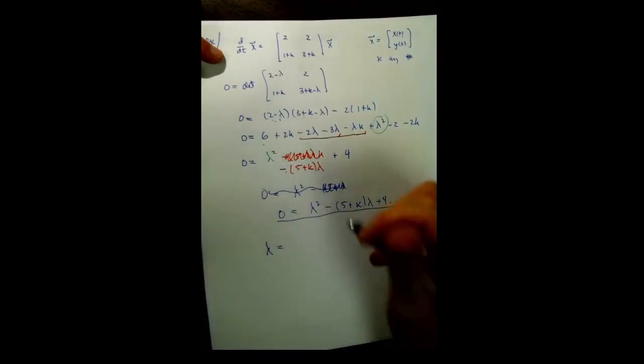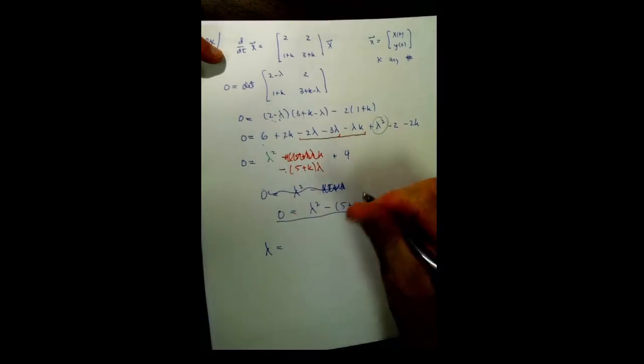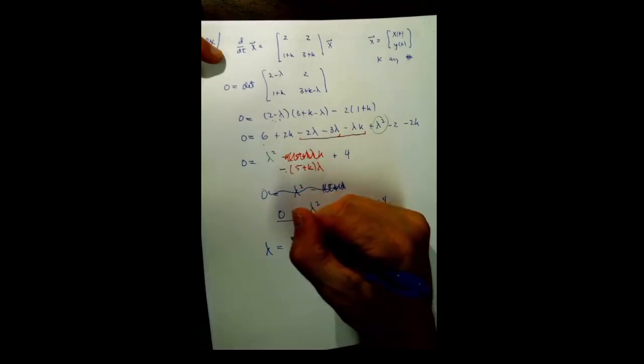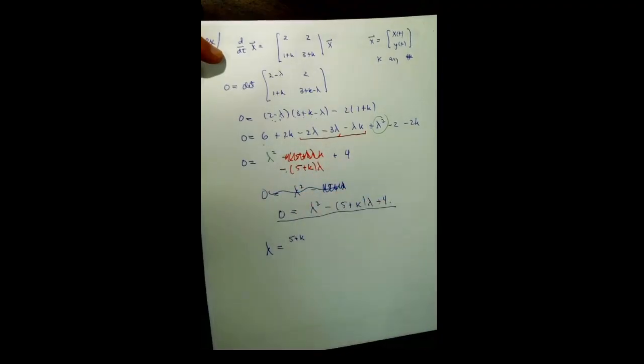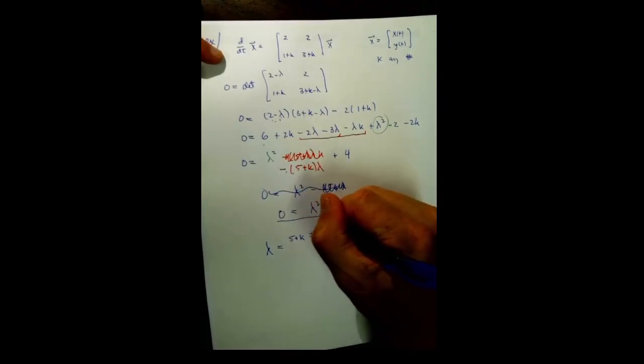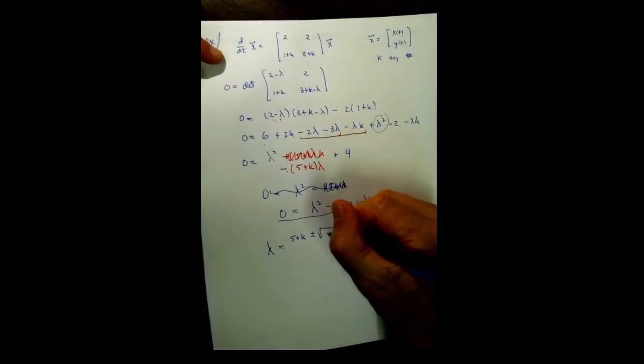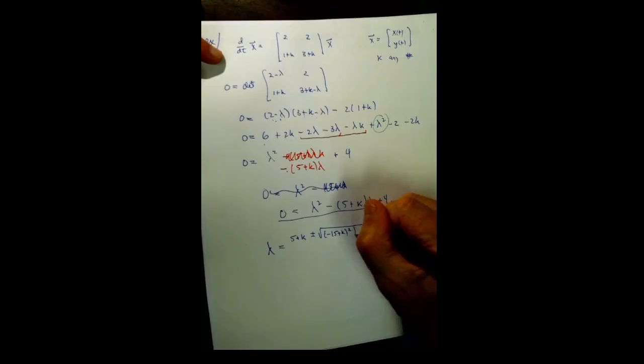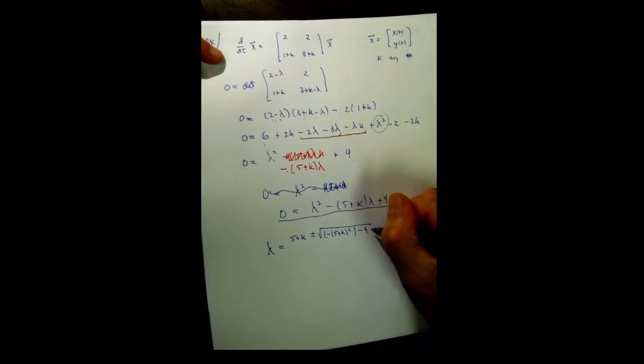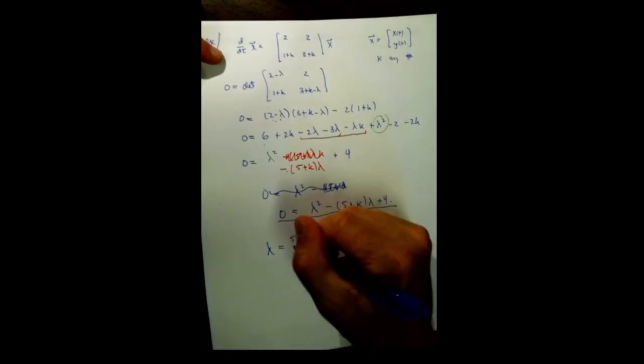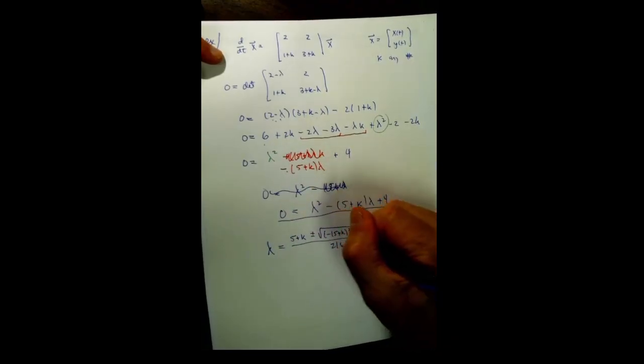My lambda then is going to look like minus b. So b is minus (5 plus k), so minus b is 5 plus k. Then plus or minus the square root of (minus (5 plus k)) squared minus 4 times 4 times 1, all over 2 times 1.